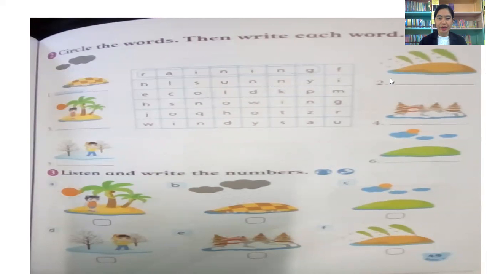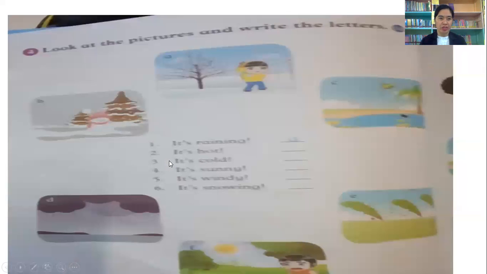And then number 3, number 4, number 5, and number 6. So you're just going to answer number 2 there. And number 3, we are going to answer when you come back to school. Okay, let's go to the next page.